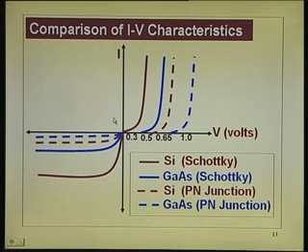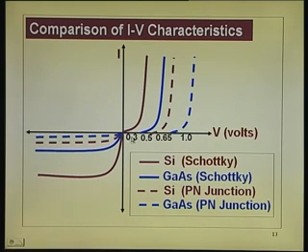Now, take a look at the total IV characteristics of all the things. I have put the Schottky barrier of silicon, the Schottky barrier of gallium arsenide, and I have also shown the PN junction of silicon, the P plus N junction, and also the PN junction of gallium arsenide. Moving from the left hand side to the right hand side, the dotted lines are the junctions, the solid lines are the Schottky. On the forward conduction region here, you can say the minimum voltage drop is 0.35 volts or 0.3 volts.